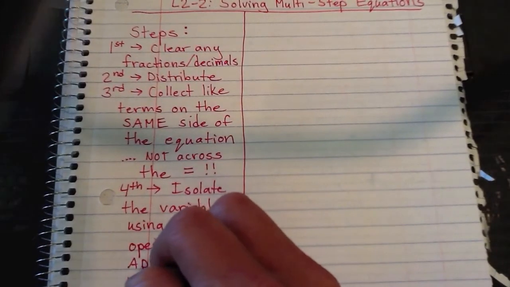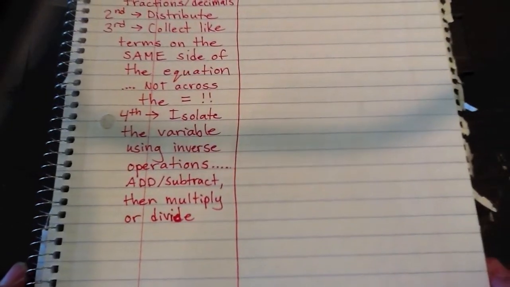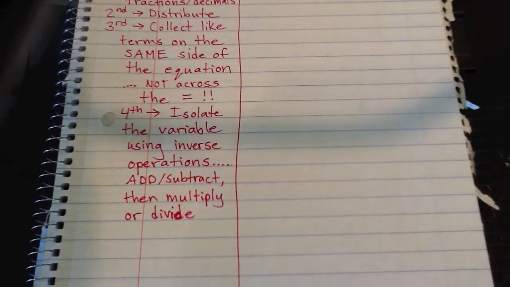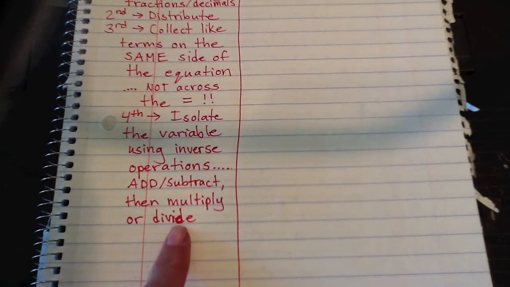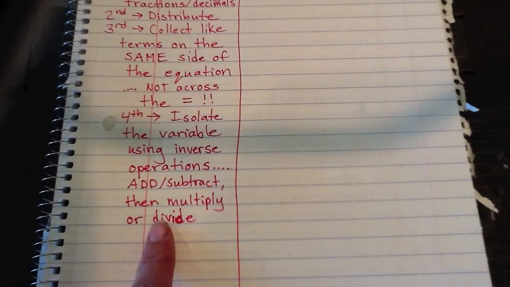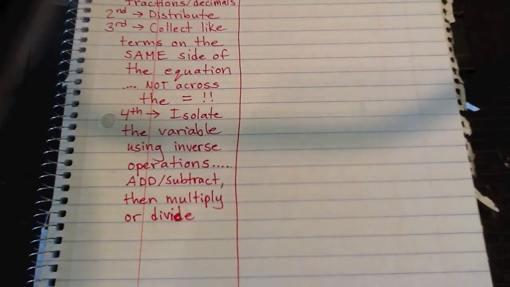So you're going to isolate the variable using the inverse operations, and then you're going to add or subtract things to isolate it, or then multiply or divide. Only time that this wouldn't be true is like the example in Lesson 2.1 where you had more than one thing in the numerator and you had something in the denominator that you needed to get rid of. Then you would multiply first. That's the only time.